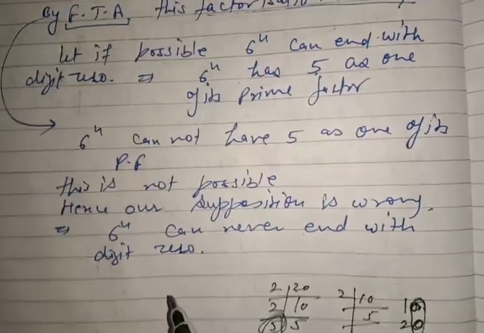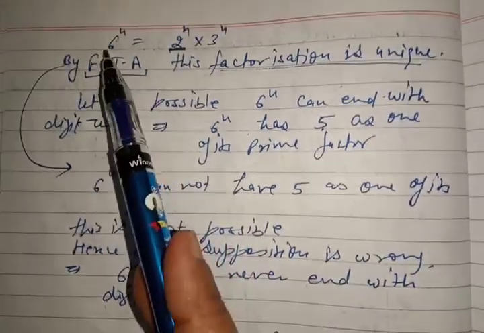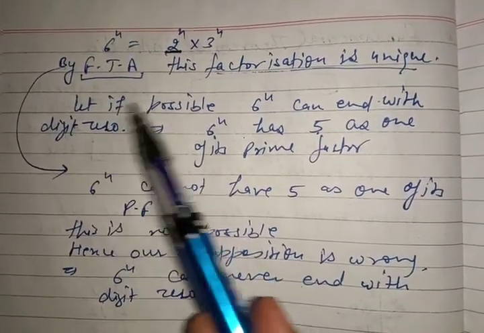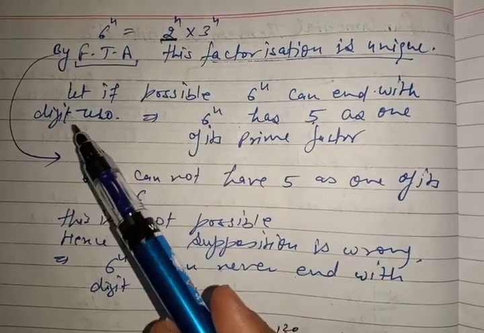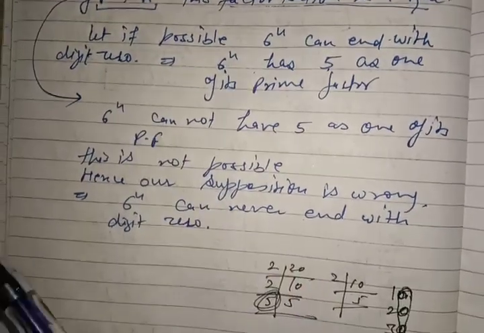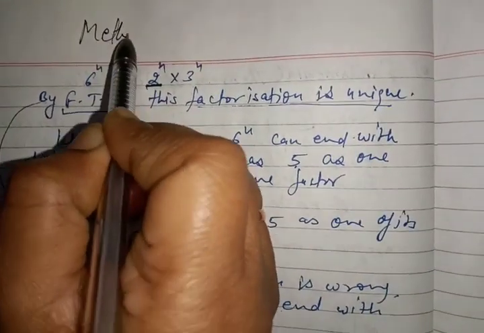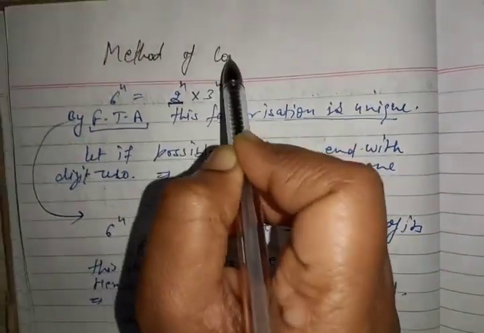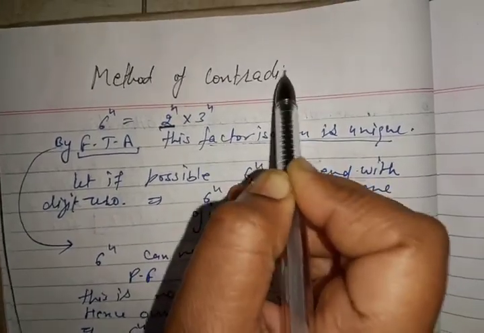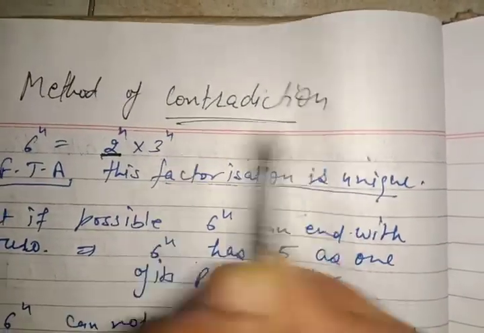So be careful, whenever this question comes in the exam, you follow it like this: let, if possible, 6n end with digit 0. This method is known as the method of contradiction. The meaning of that is we suppose the wrong thing.